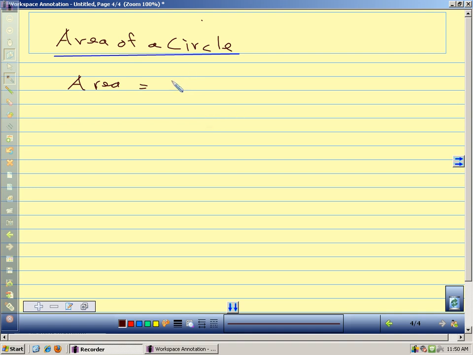Pi r squared, where r is the radius. So pi r squared and the Pythagorean Theorem, a squared plus b squared equals c squared, are probably two of the most famous formulas in math. And we get to talk about the Pythagorean Theorem tomorrow, so we'll talk about two famous formulas two days in a row.